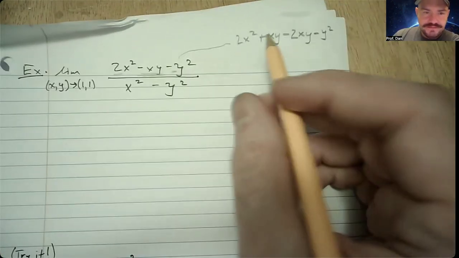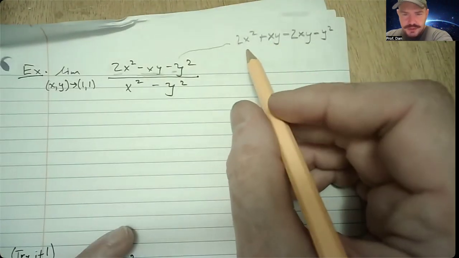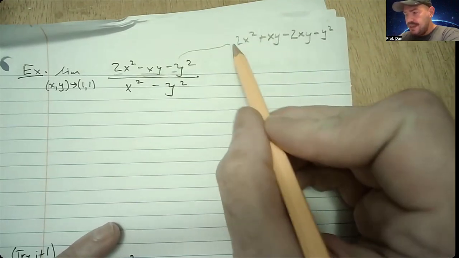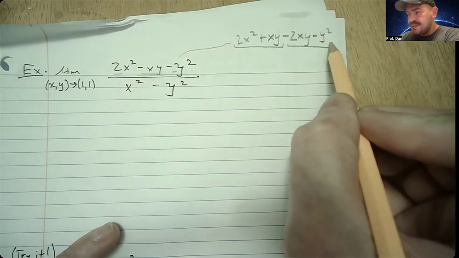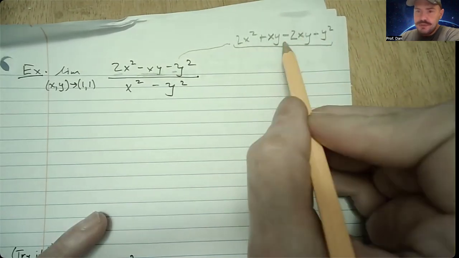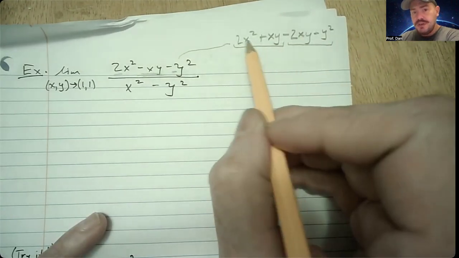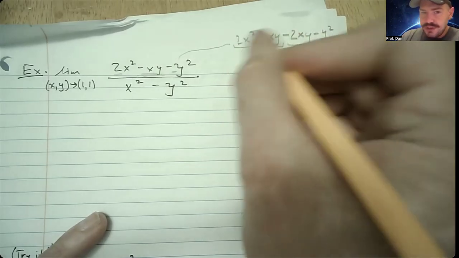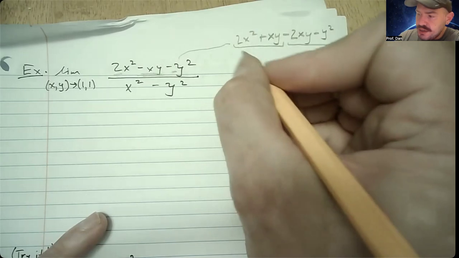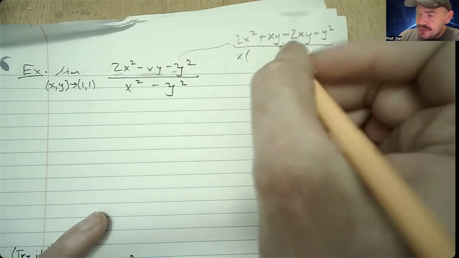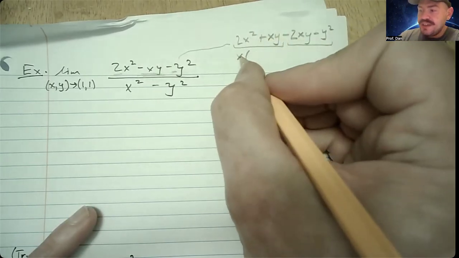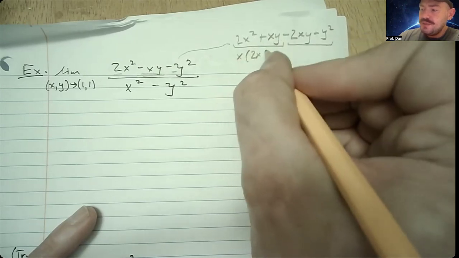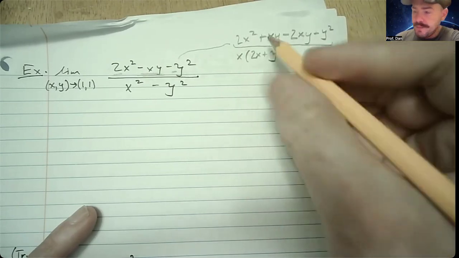Okay. So after I split my middle term, I look at the first two terms, I look at the last two terms. What would be a greatest common factor in the first two terms? You'd get x. Both terms have a factor of x. So if I factor out x, what would I have to multiply that to get the originals? I'd have to multiply by 2x. I'd have to multiply by y.